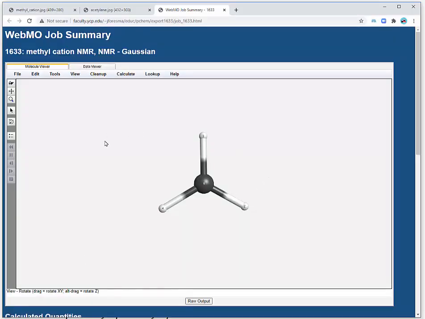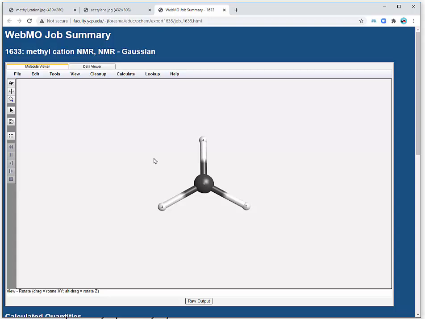So here's a WebMO summary of methyl cation. You notice it's a flat structure, planar structure, carbon with 3 hydrogens and a +1 charge.